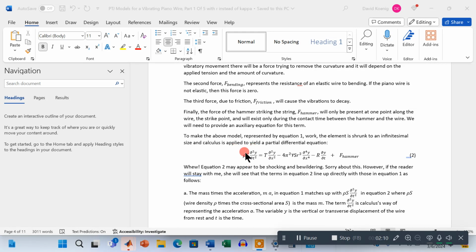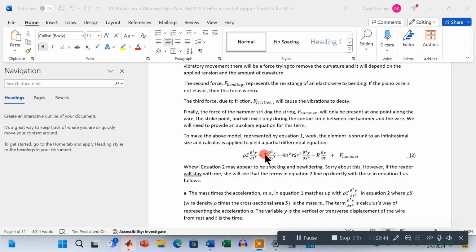First term here on the left is the ma term, where the mass is represented by rho, the density, times S, the cross-sectional area, and then it's times the acceleration of the vertical displacement, y, and it's read as the second partial of y with respect to t, time, is equal to these forces over here.